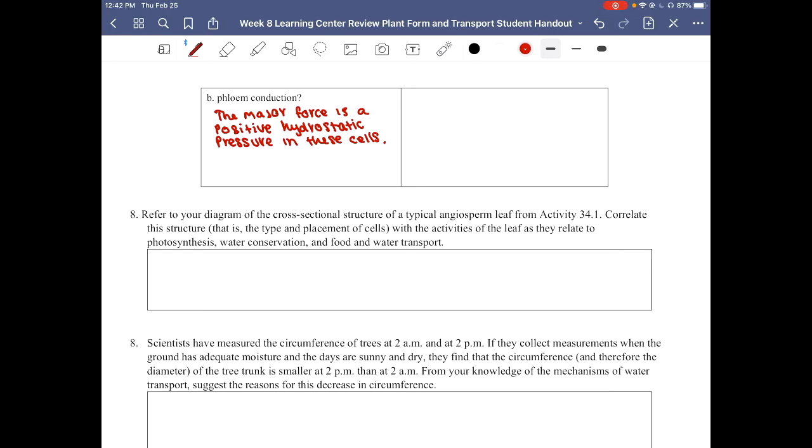And this is what's going to create the hydrostatic pressure, and that moves the substances into the phloem. So the force is generated in the water potential. So it's the difference in the water potential.